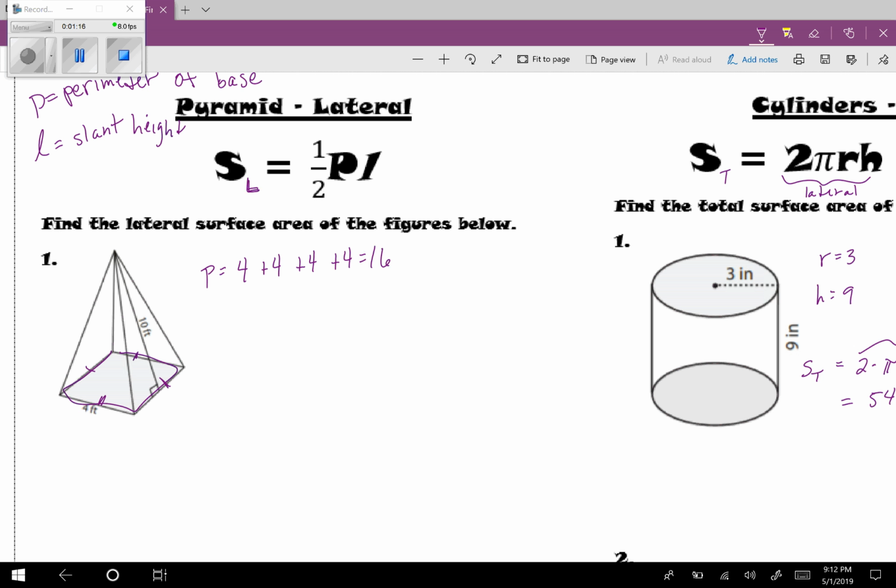Now the slant height L, you just look, how tall are these triangles? 10. So the lateral surface area is 1/2 times the perimeter of our base, 16, times the slant height, 10. So 160 divided by 2 is 80, and it's feet squared.